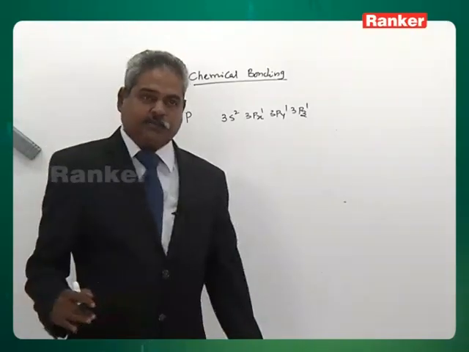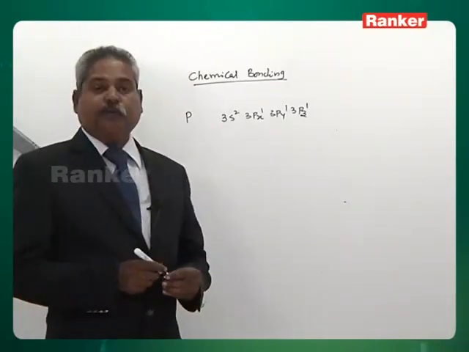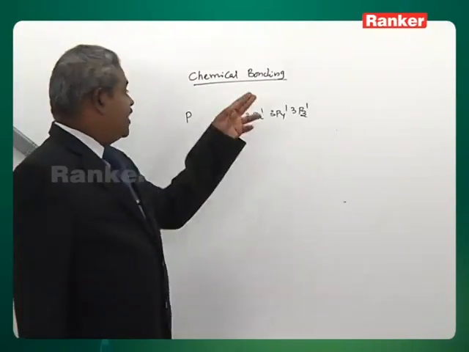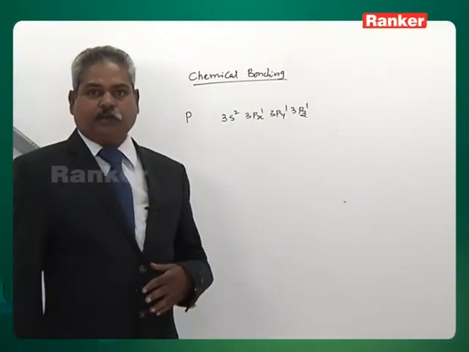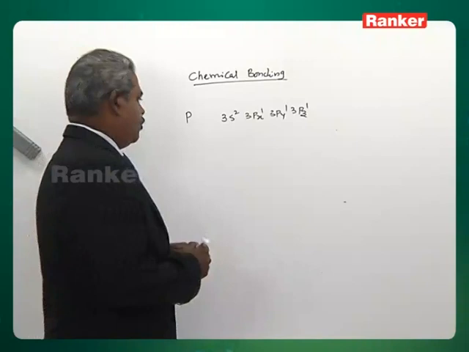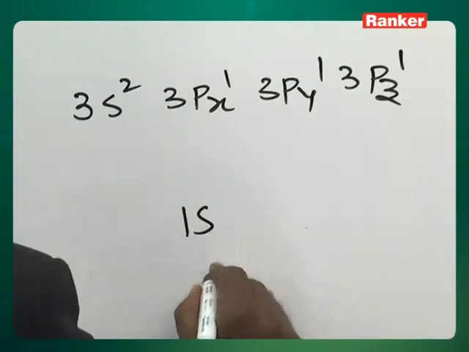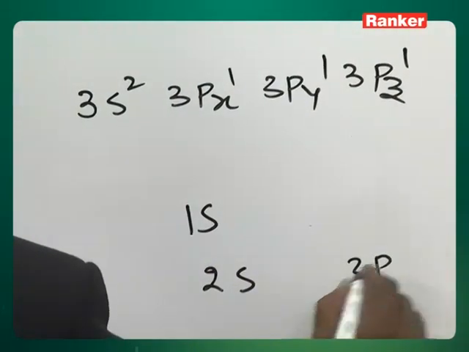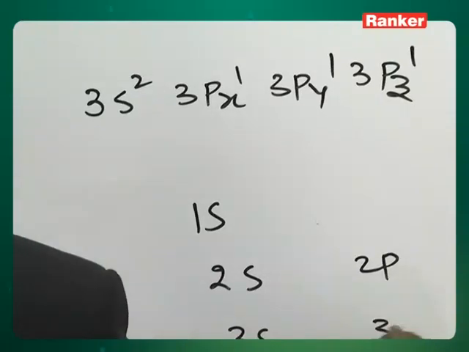Similar to nitrogen, the only difference being 3s instead of 2s. Nitrogen belongs to the second period, and you know the elements of the second period: 1s, 2s, 2p, 3s, 3p.